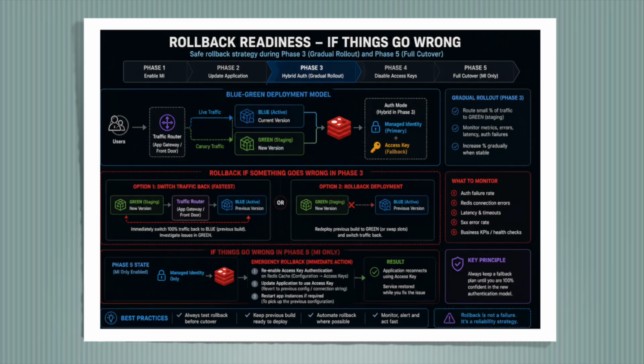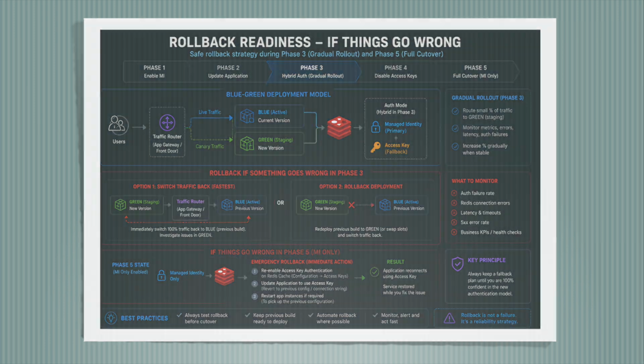The failure can happen at disabling the access keys at phase 4, in which case you immediately go and reactivate the access keys, and then later you'll figure out what went wrong. So have that readiness.